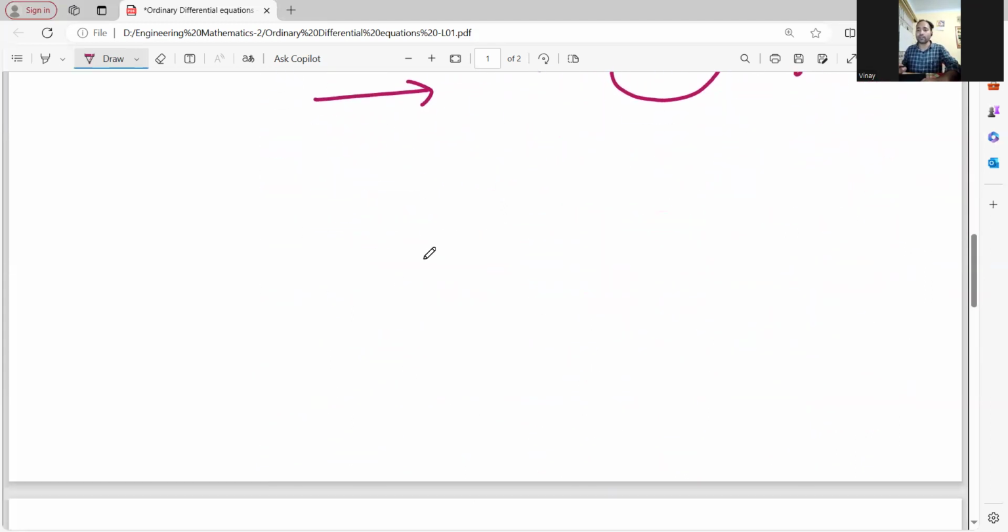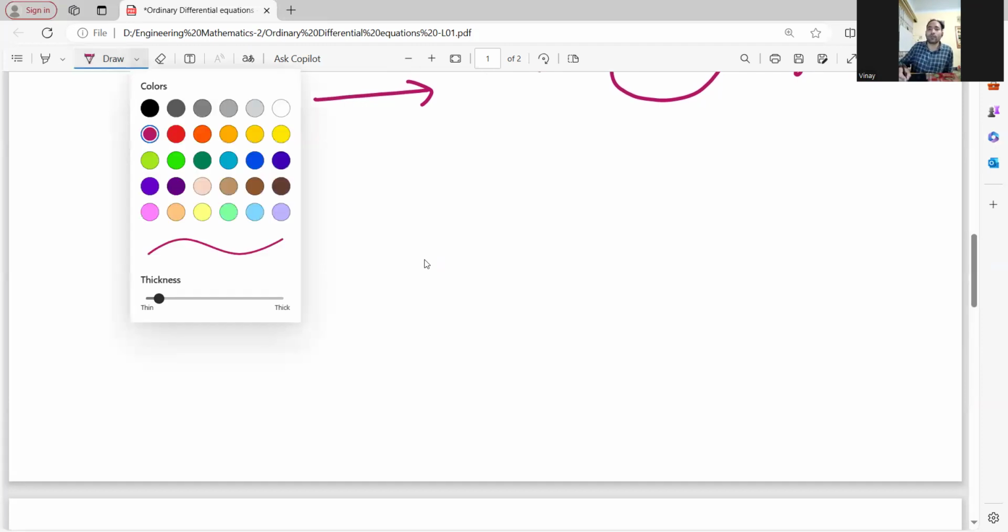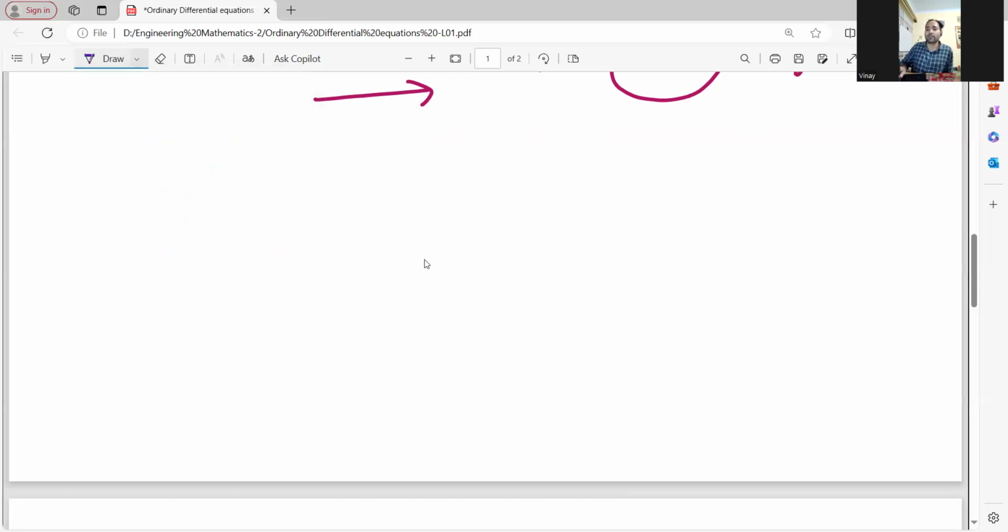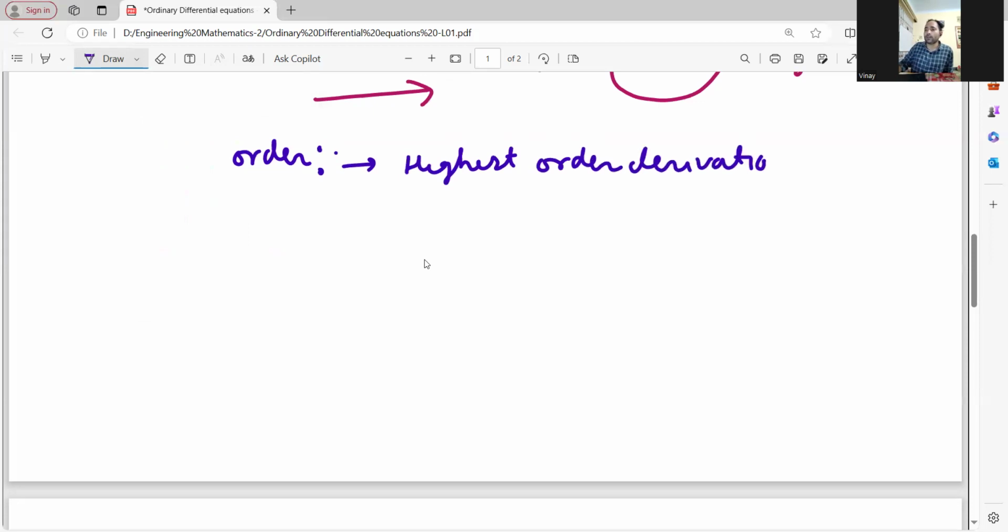So first is order. How do you define the order of a differential equation? Order is the order of the highest order derivative.